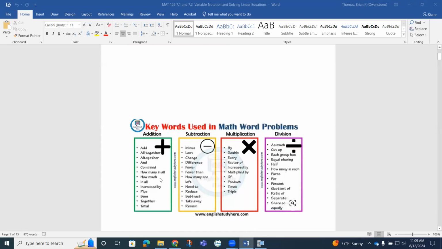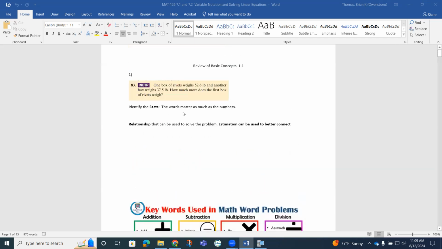And notice how much is in the addition symbol area. How many are there? That's kind of the same thing. So notice how many in each. So the words how much more take a little bit more insight. It's not real clear what that implies.